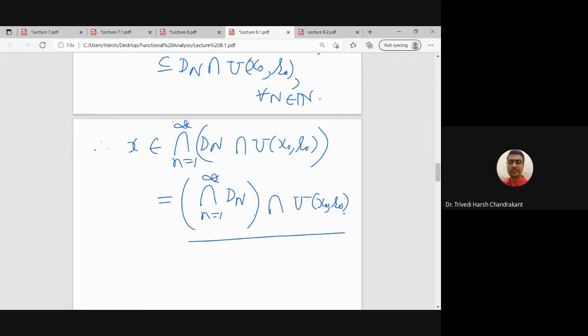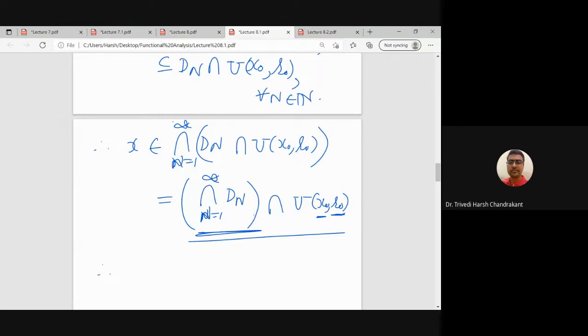So we got a point which is in this intersection. We started with any point x0. We have taken a disk around that point, and this open disk intersects with the intersection of the DN.